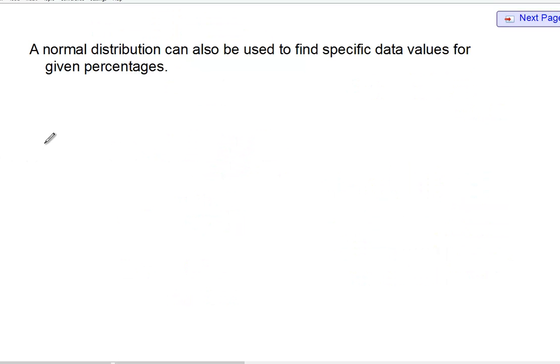Now then, a normal distribution can also be used to find specific data values if you're given the percentages. When you're given the percentages, you are actually going to be looking them up in the center of the table, things of that nature.